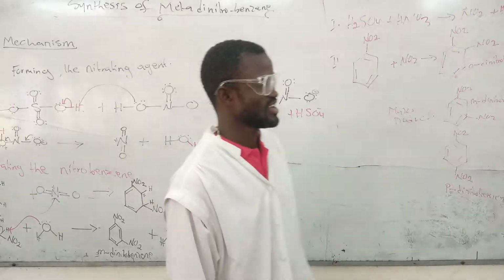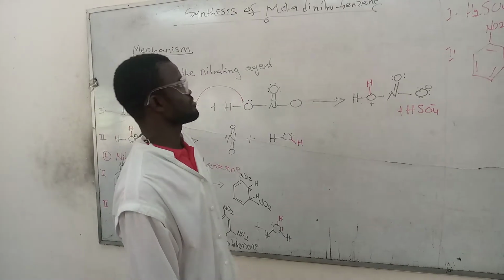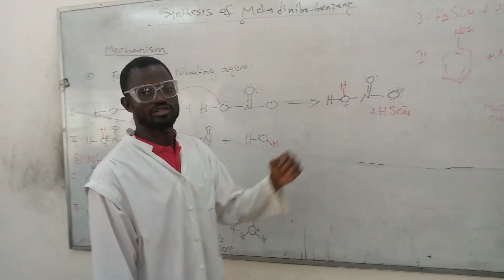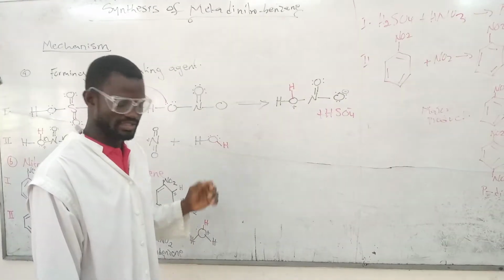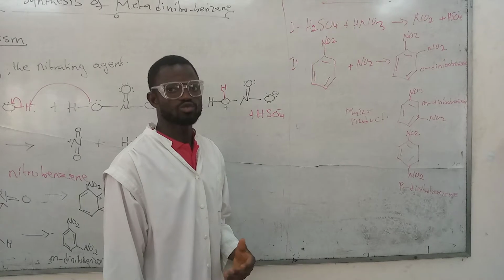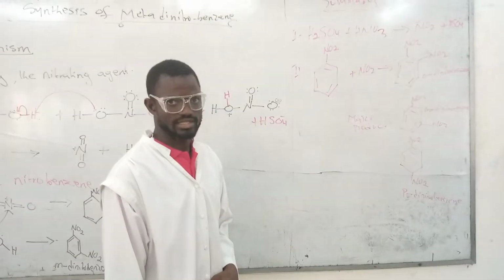Thank you so much. As she rightly said, today we want to talk about the synthesis of meta-dinitrobenzene. Let's look at the summary of everything before we move to the mechanism. In our first step, we will be mixing nitric acid and sulfuric acid.